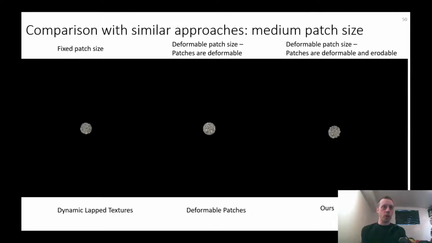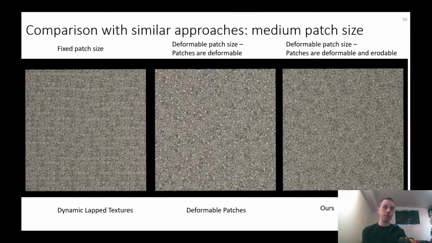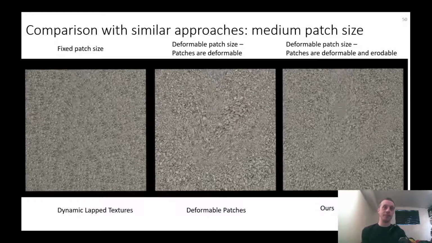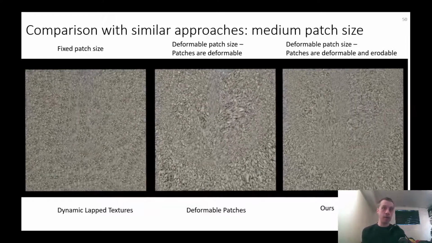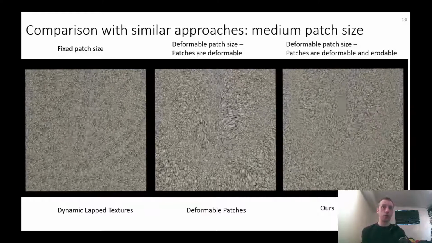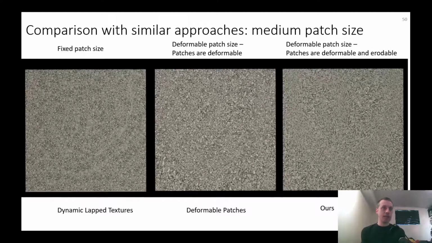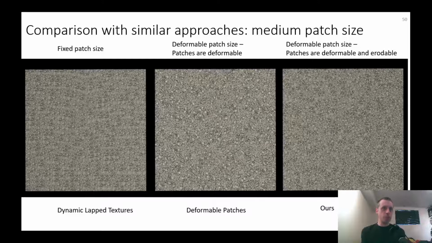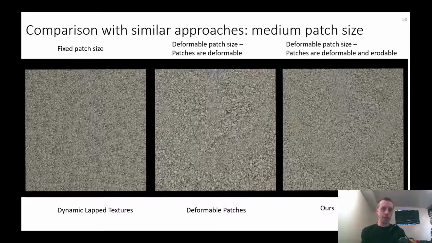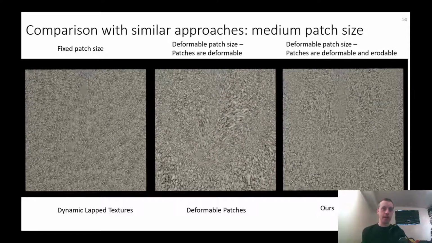We compared our work with previous approaches, especially the dynamic lapped texture of Gagnon et al. 2016 and the deformable patches approach of Gagnon et al. 2019. In these comparisons, we use the same fluid simulation and a similar patch size.